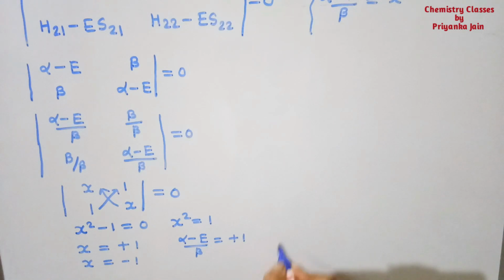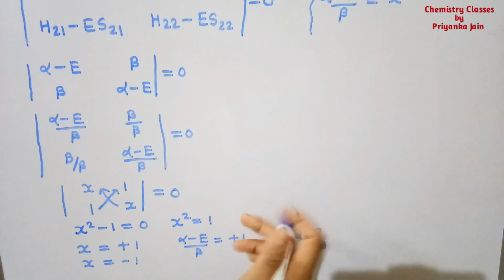we get E is equal to alpha minus beta. Similarly, if we put the value minus 1, then we get E is equal to alpha plus beta. It means we are getting two energy levels, one is alpha plus beta and another is alpha minus beta. Now see here, the value of beta is always negative, so alpha plus beta will be lower in energy and alpha minus beta will be higher in energy.